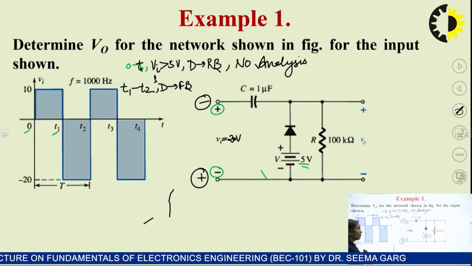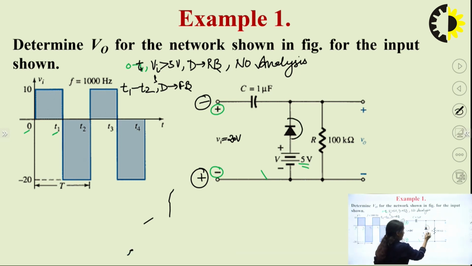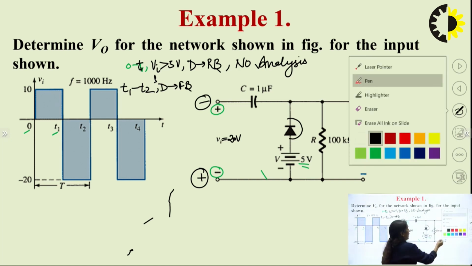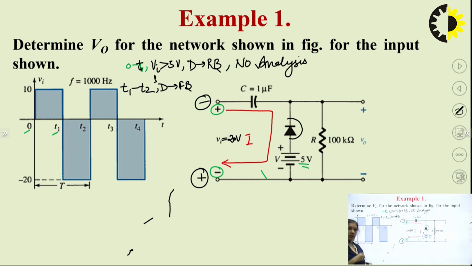If the diode is in forward bias state and is considered as an ideal diode, the diode will be short circuit. So when your diode is short circuit, that means we can start our analysis, and the current will flow in the first loop. When current is flowing in this direction, that means Vc will be at positive potential here and negative potential here, because we know that current will always flow from higher potential to lower potential.